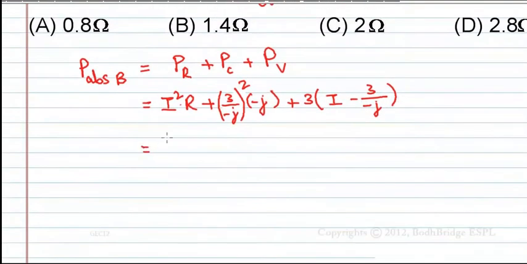I is 7 by 2 plus R whole square. This is the power absorbed by resistor.